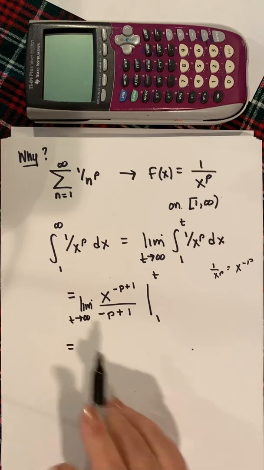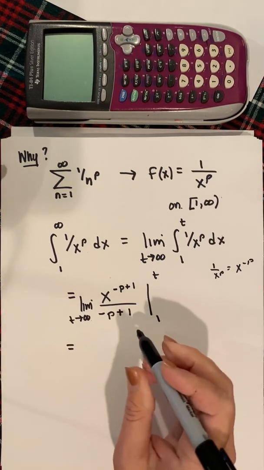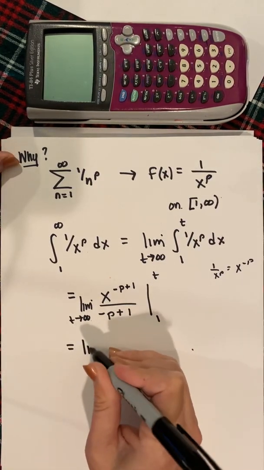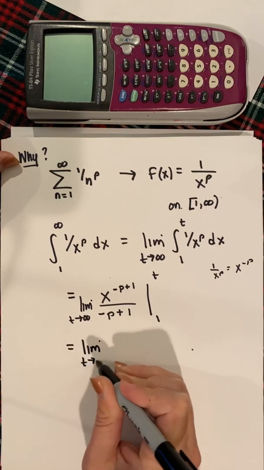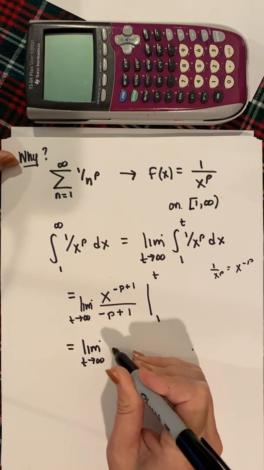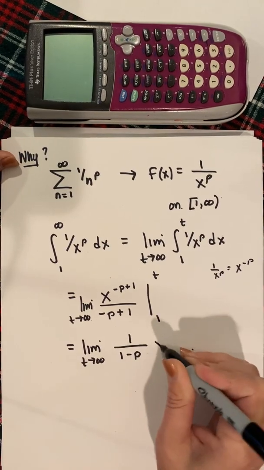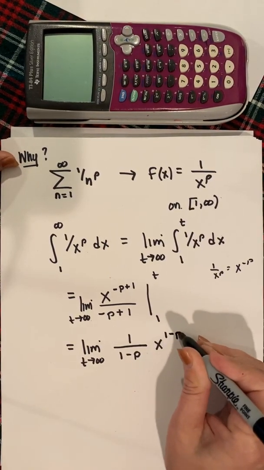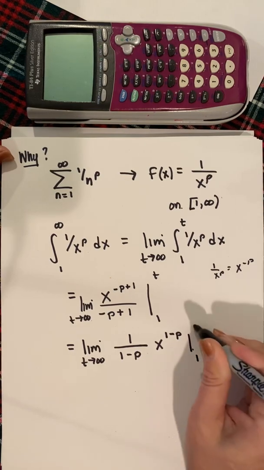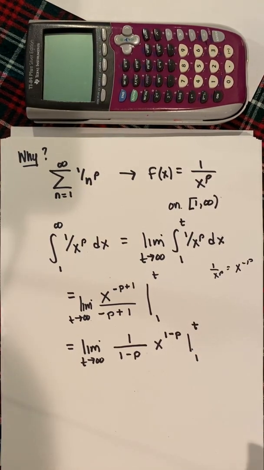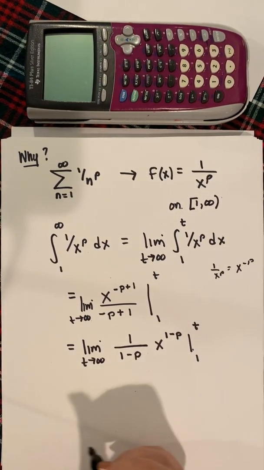Now I'm just going to rearrange this because I don't like leading with my negative. This is the limit as t goes to infinity, and I'm going to do 1 over 1 minus p out front times x to the 1 minus p, and this goes from 1 to t. Now this is just some tricky algebra here.